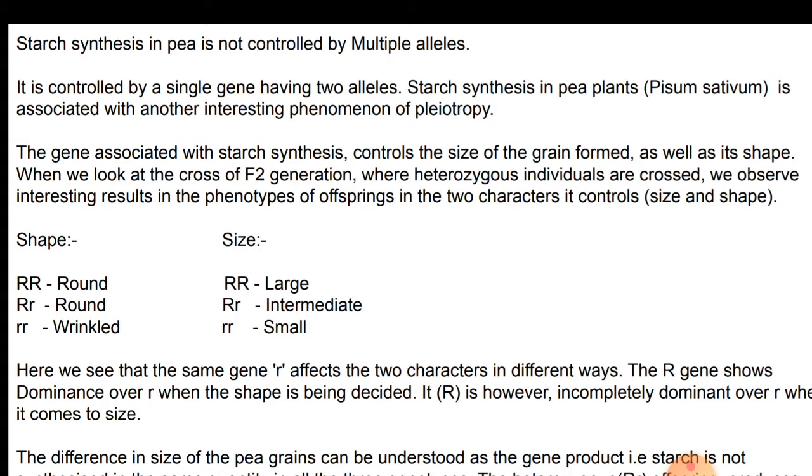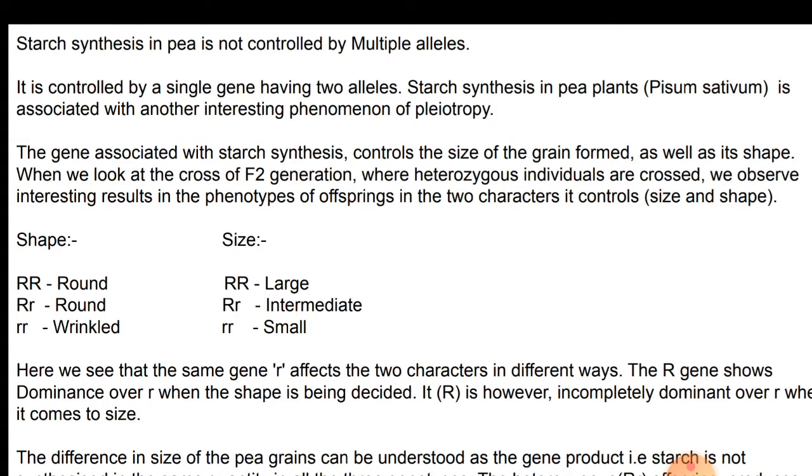In cotton, a gene for lint also affects the plant size, boll size, and seed number. Another example is Drosophila. The gene for wing size also affects the nature of balancers, eye color, fertility, and longevity.